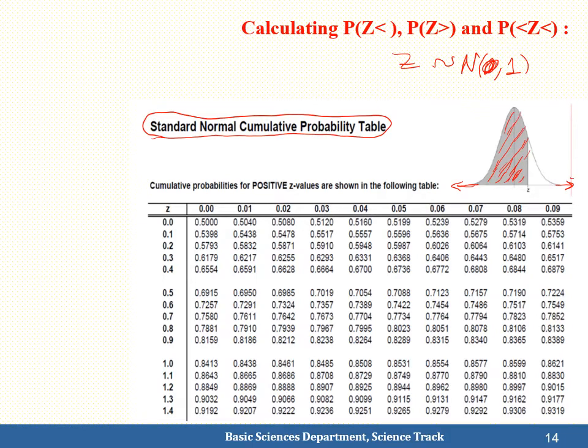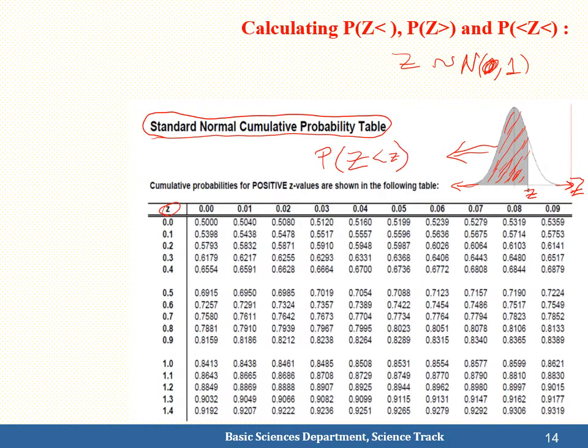Now big Z here is our variable, and this little z is here. This area corresponds to the probability that the variable Z is less than little z. Little z is just a number.